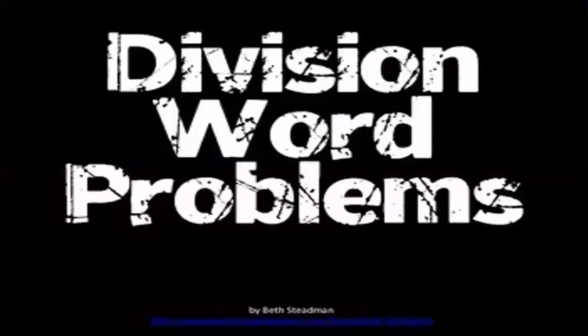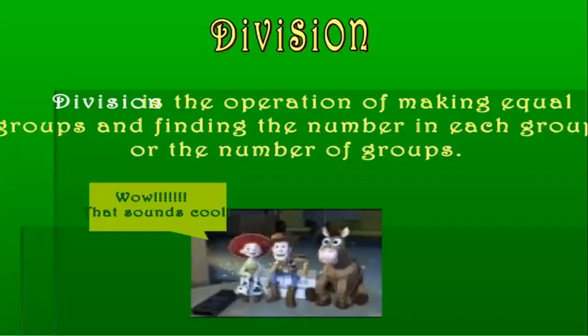Next comes the division word problem. When you have to divide. First of all, we see what division is. Division is the operation of making equal groups. It means if I have something in a large quantity and I want to distribute it between some specific groups or people, and I want each one of them to get an equal amount, at that time I am going to divide, as I'm distributing something, and after distribution something is decreasing and each one of them is getting an equal amount.